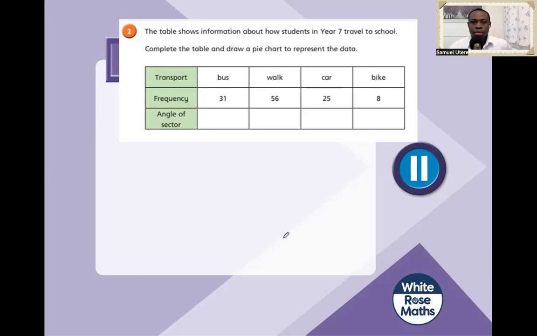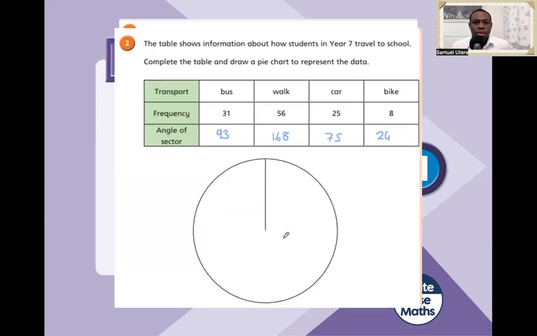Let's discuss them. For question 2, you can see that we have this data here, but how did we get the angle of the sectors? I like to discuss this because it is the most important skill when it comes to pie charts. Most of you know how to use the protractor to draw angles. You know that you have to line it up here at 0, and you have to draw 93 degrees.